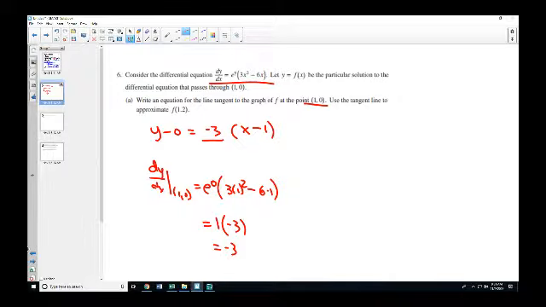How do I approximate f at 1.2? Plug 1.2 in, right? And I don't need to go any further. A little easier than the last one, right? That kind of started you off hard.